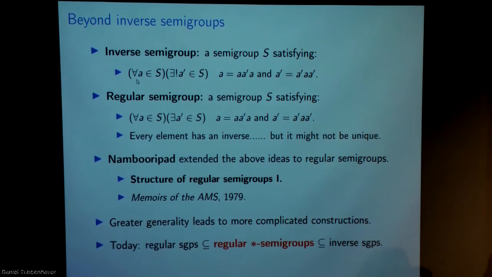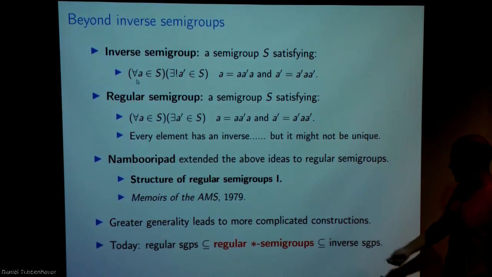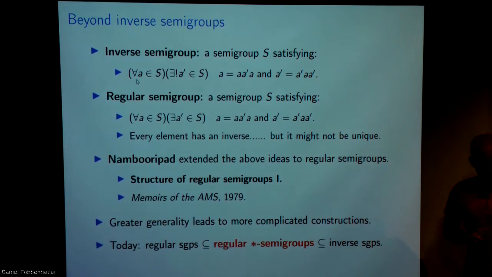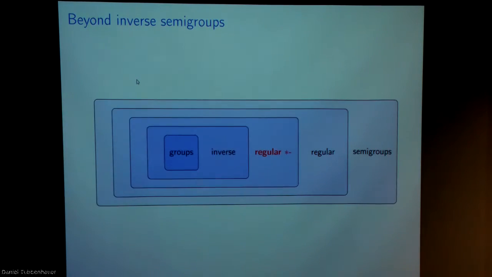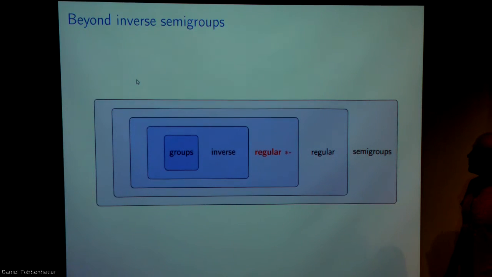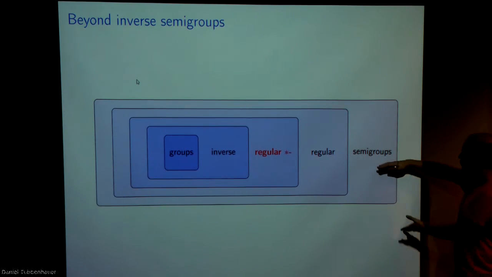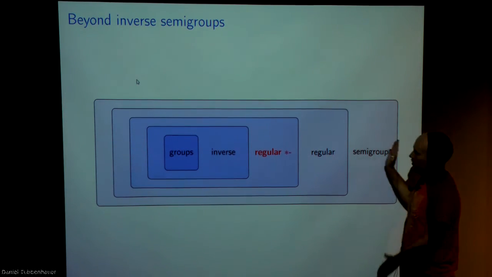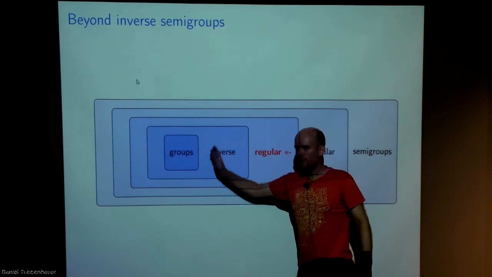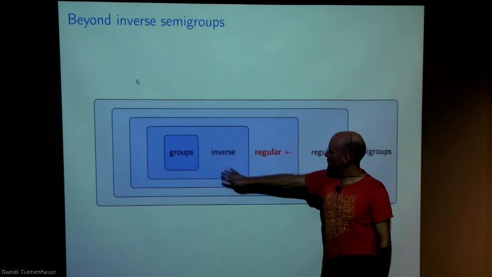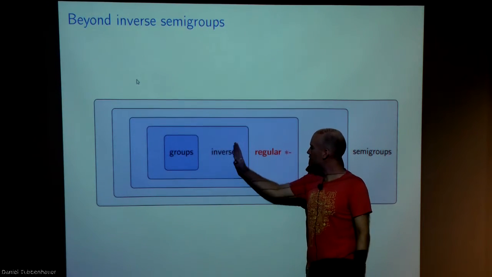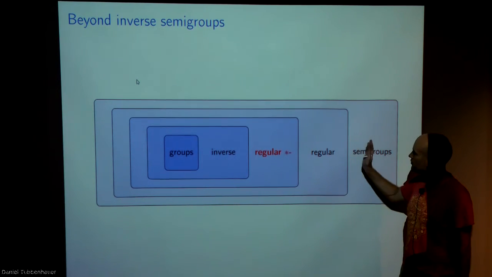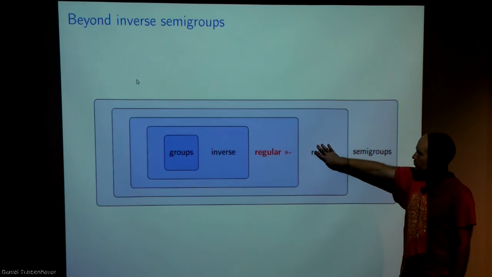So today, I'm going to talk about our paper, which concentrates on a class between these two, called regular star semigroups. They fit into the general scheme of things like this, where if you imagine you've got the whole world of semigroups, which is just absolutely wild, and then you go bit by bit to the very symmetrical case of groups. Inverse semigroups are the next case out. Regular semigroups are the first attempt at trying to make things symmetrical, but they're still too crazy.